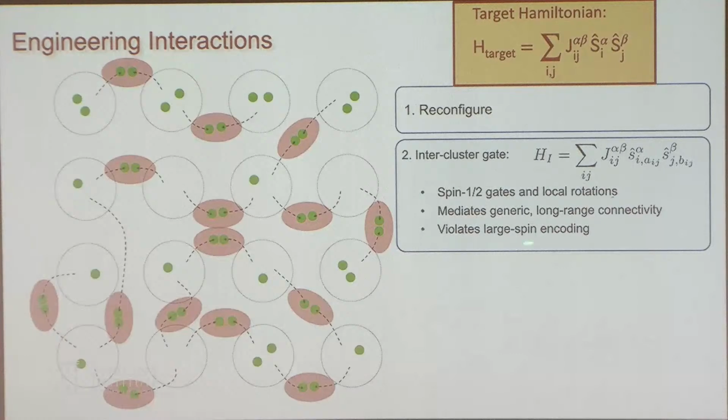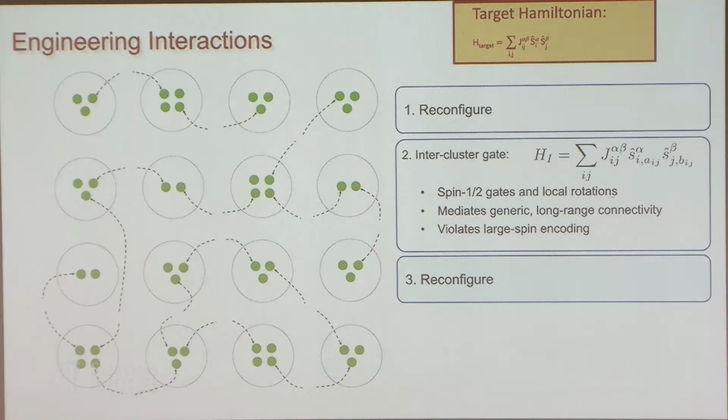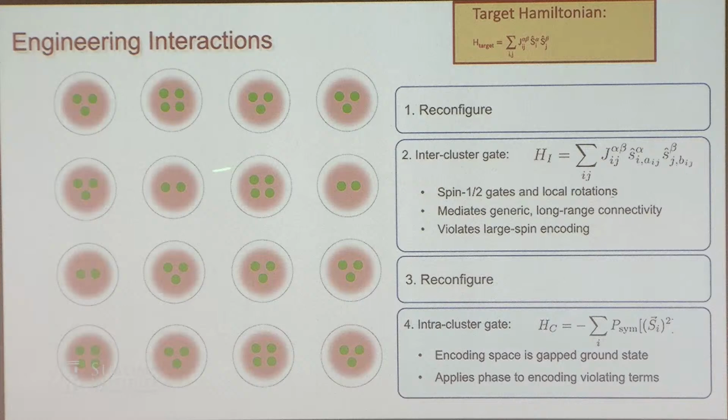But of course, this large spin encoding is violated, because we do that now for the qubits rather than for our spin S. So that means we have to reconfigure it back into the original cluster and do the projection on the spin S states in order to work.